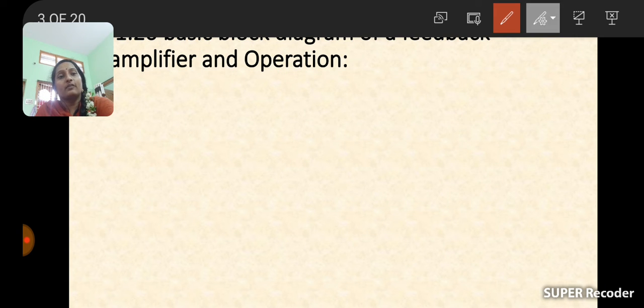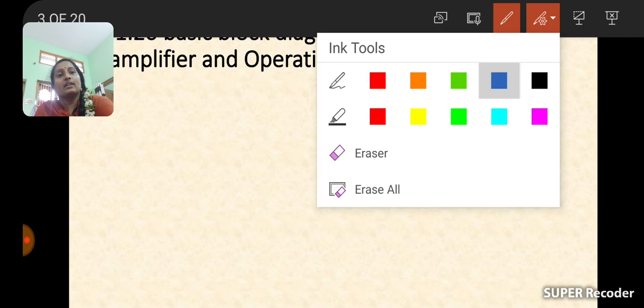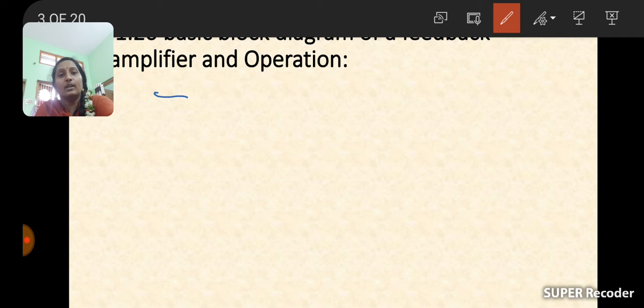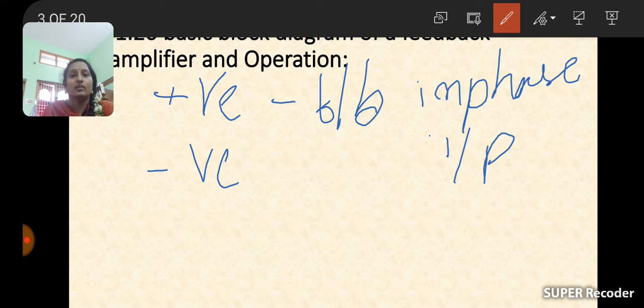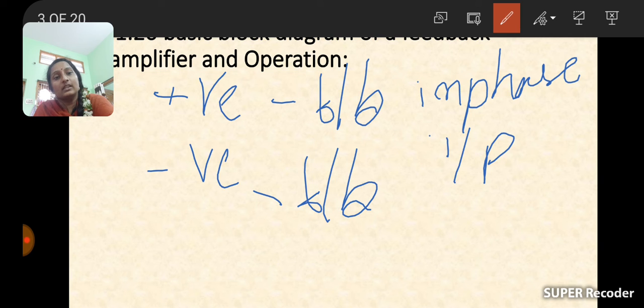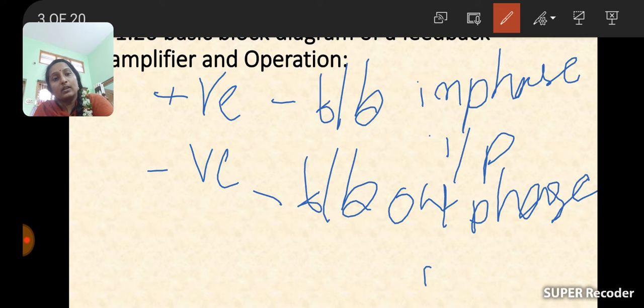So how many types of feedbacks are there here? Two types of feedbacks are there here. What are the two feedbacks? One is called positive feedback, other is called negative feedback. What is meant by positive feedback? In positive feedback, the feedback signal is in phase with the input signal, then the feedback is called positive feedback. In negative feedback, the feedback signal is out of phase with the input signal, then the feedback is called negative feedback.